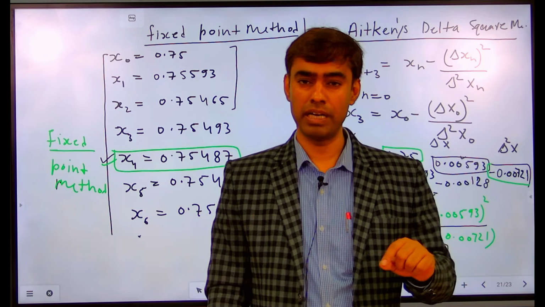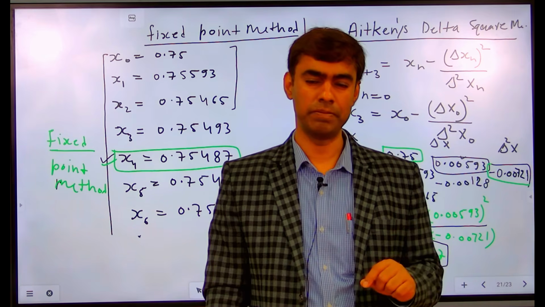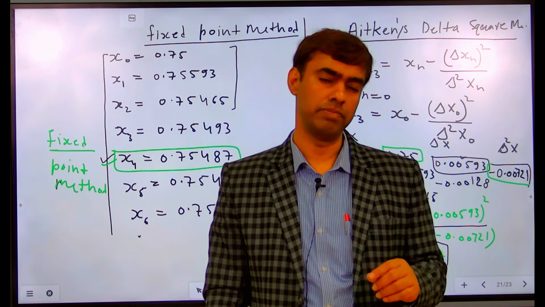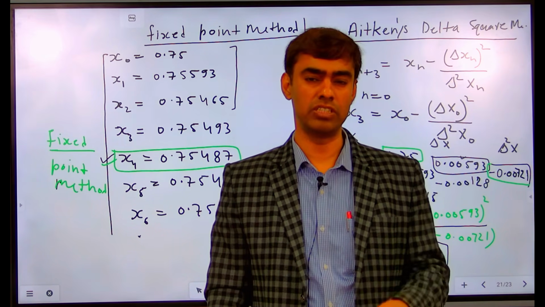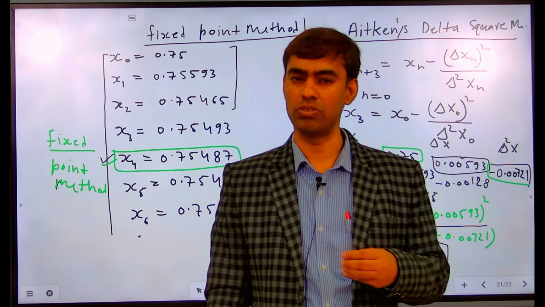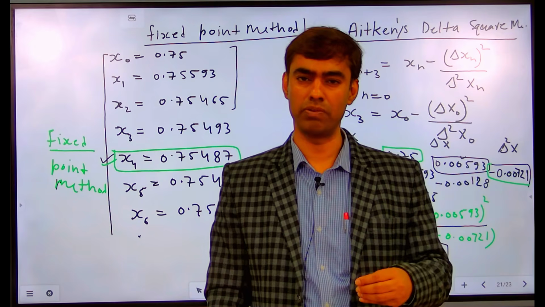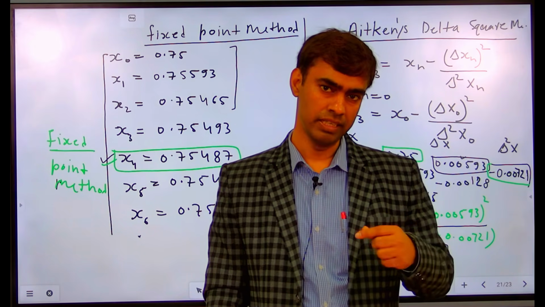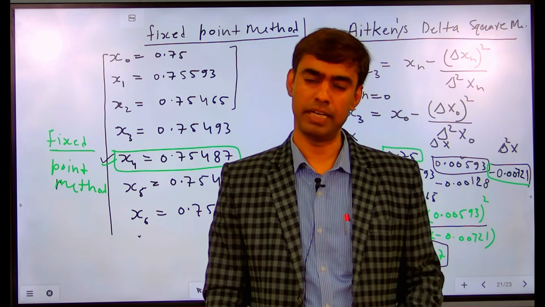So how do we apply it? First, with the help of the fixed point method, we find the values of x0, x1 and x2. Then we find the value of del x0 and del 2x0, the first order forward difference of x0 and the second order forward difference of x0.